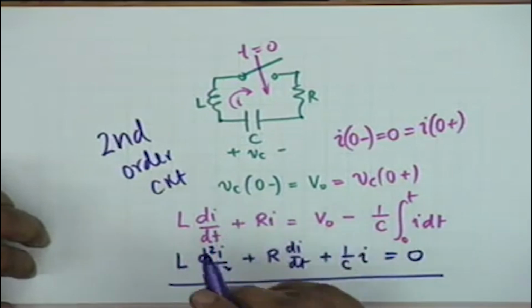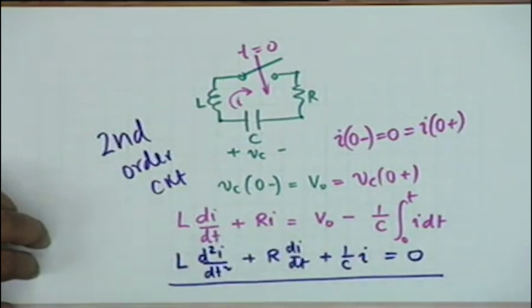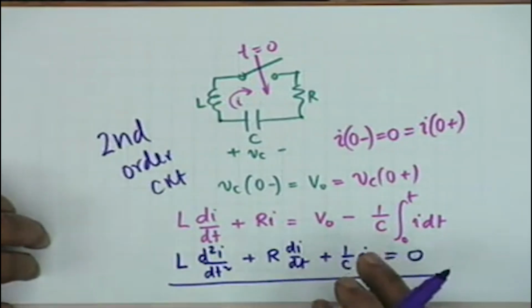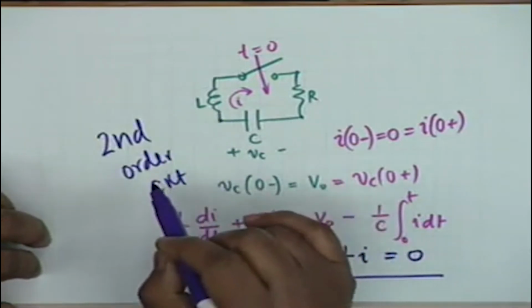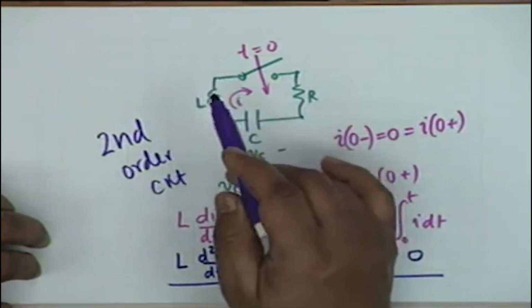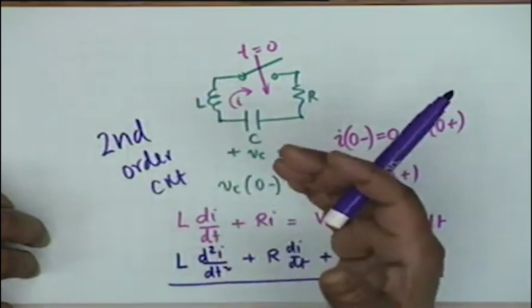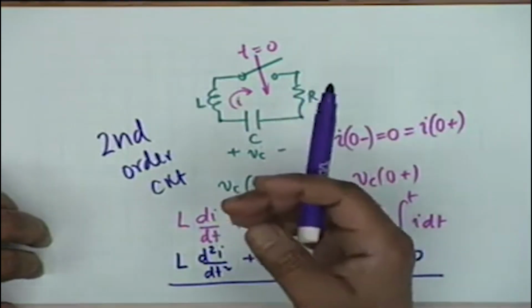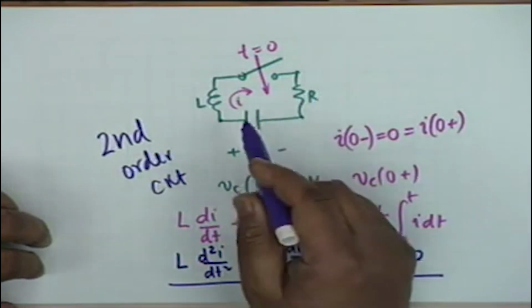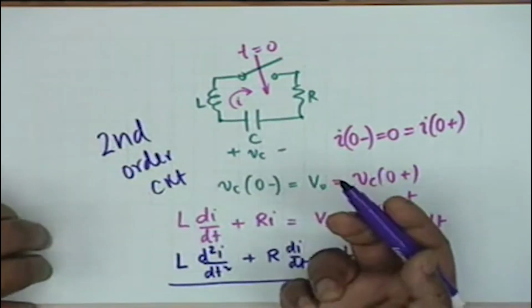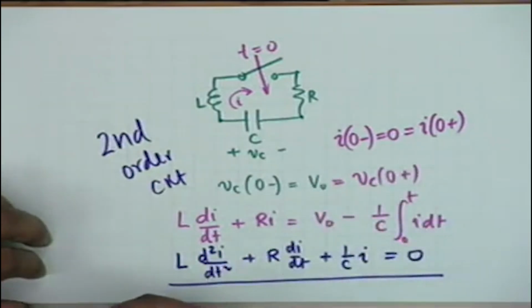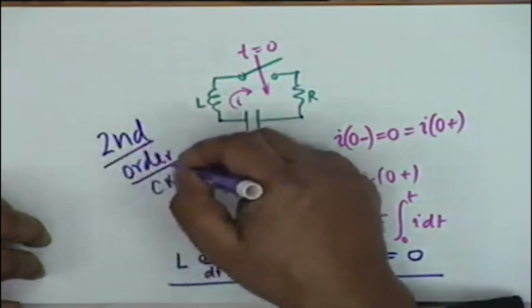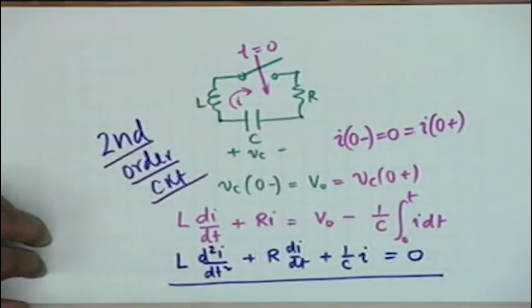The initial energy in this circuit comes from the capacitor voltage. Instead of the capacitor voltage, it could also have come from an initial electromagnetic energy in the inductor. For example, the inductor could have a current of I0, and then at t equal to 0, it is connected across a capacitor and a resistor, exactly the same way, and we would have the same kind of second order differential equation, thus defining a second order circuit.